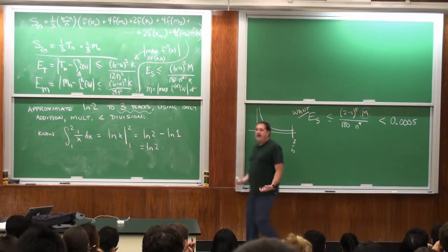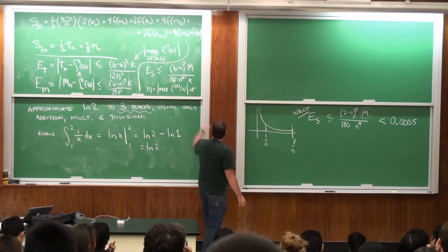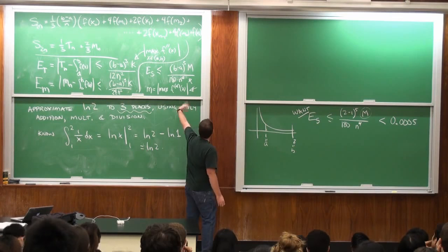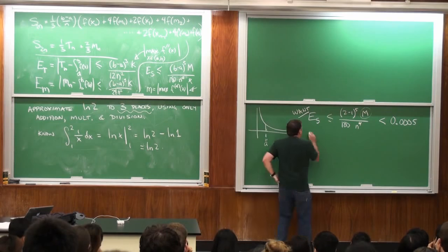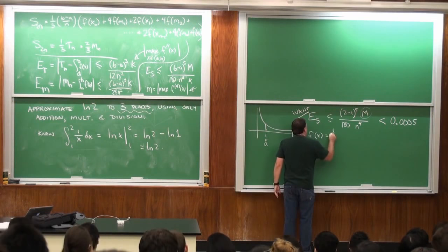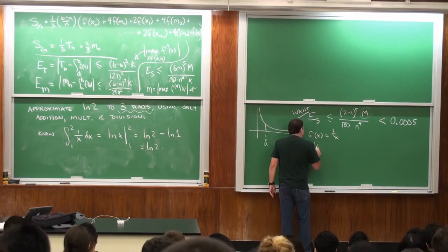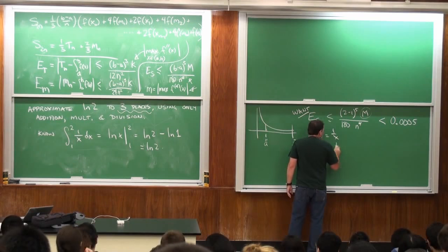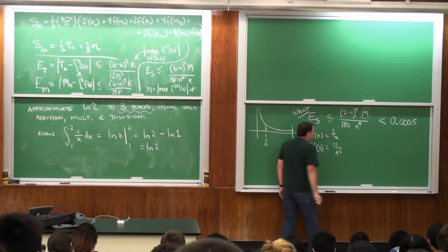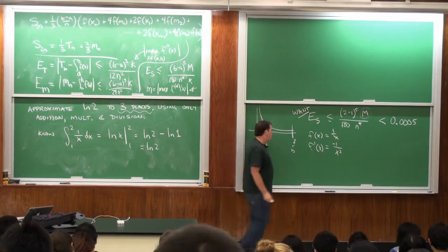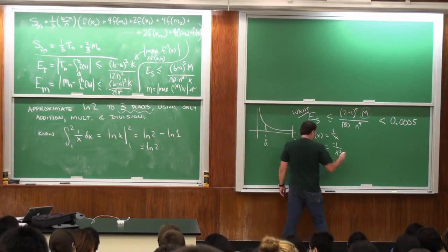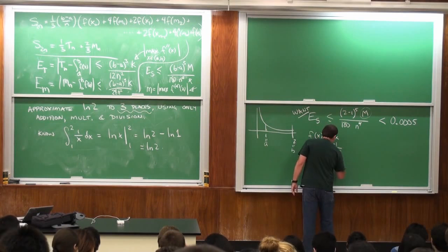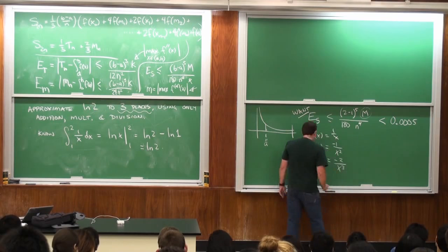So I have to figure out what m is. So m is the maximum of the 4th derivative. Well, that means I need to take some derivatives. So f of x is 1 over x. The first derivative is negative 1 over x squared. The second derivative is negative 2 over x cubed.